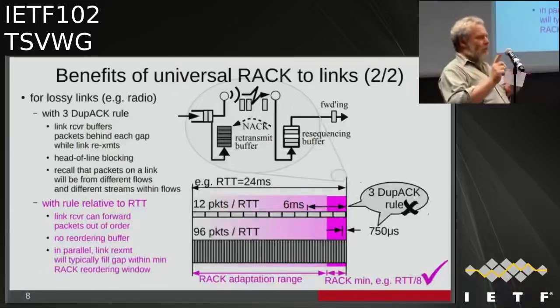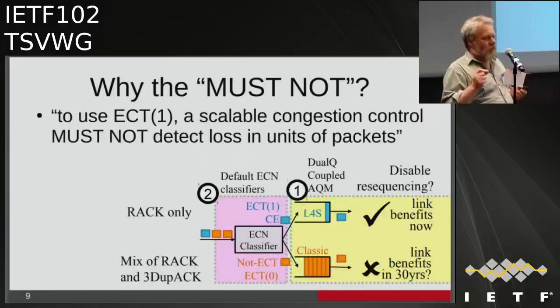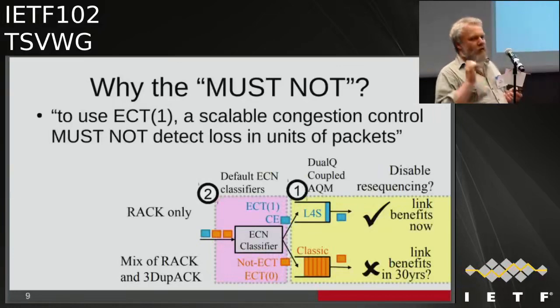And finally, Gori, one more on this. So why are we making this a must? To use ECT1, a scalable congestion control must not detect loss in units of packets. Why are we disallowing this completely? And it's because unless you disallow it completely, you can't get the benefit of it, because you've still got to support all the flows that might not be doing it.